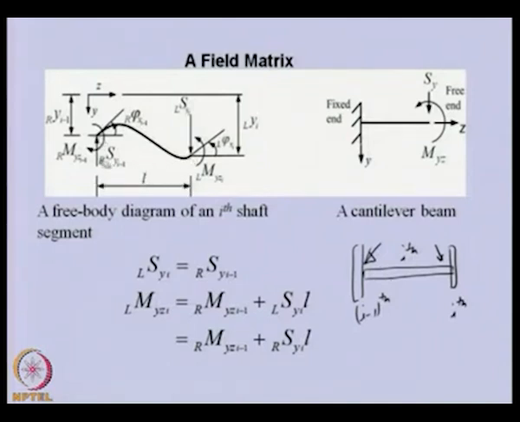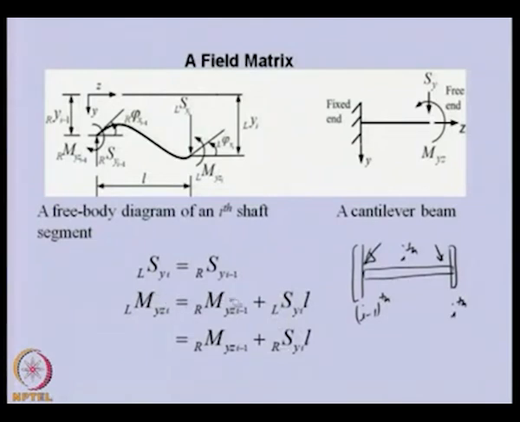And because this shear force is acting here itself where we are taking the moment, it will not contribute to this moment. So, this is the moment balance. And using this first relationship, because both the shear forces are the same, we can even replace the left with the right, so there will not be any change.